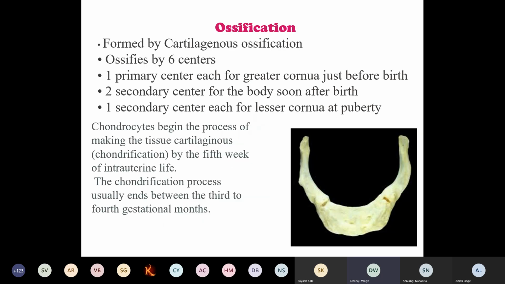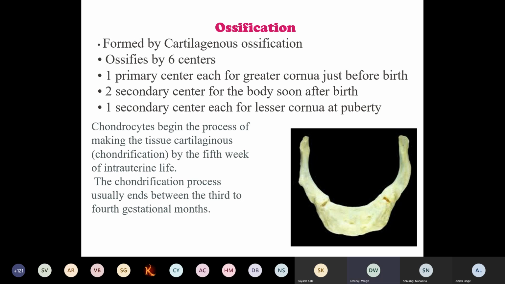Now see the ossification of the hyoid bone. It is formed by cartilaginous ossification. It has 6 centers. One primary center is for the greater cornu just before birth, and 2 secondary centers for the body soon after birth. The lesser cornu at puberty.